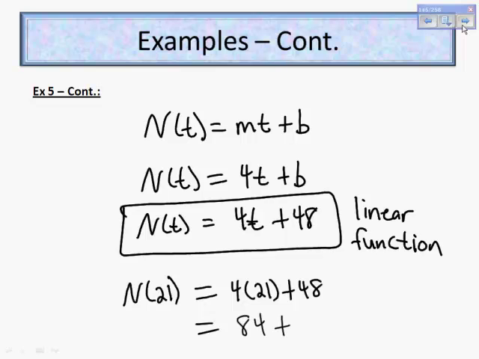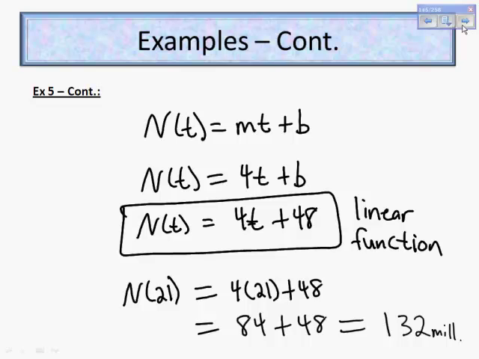So 84 plus 48. And that's going to give me 132, in this case, million.